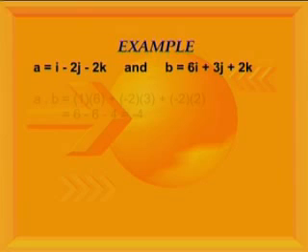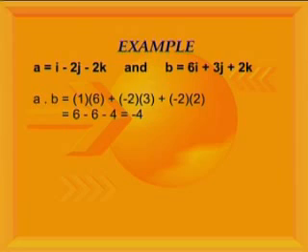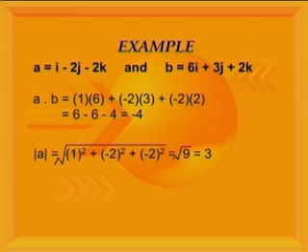So here A dot B is equal to 1 into 6 plus minus 2 into 3 plus minus 2 into 2, which is equal to 6 minus 6 minus 4, which is minus 4. Also we are going to find the magnitude of A. Magnitude of A, as I have told you, for a vector whose position vector is xi plus yj plus zk, is given by the square root of x square plus y square plus z square.